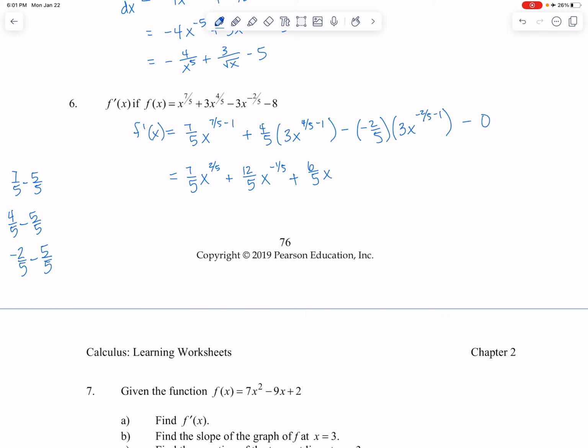Negative 2 and negative 5 is a negative 7/5, minus 0. And we can rewrite them depending on what your homework asks. If they don't want any more negative exponents, make sure that you rewrite. If it doesn't mention it, then you can leave it like this.